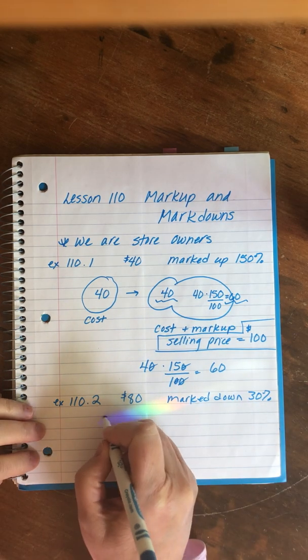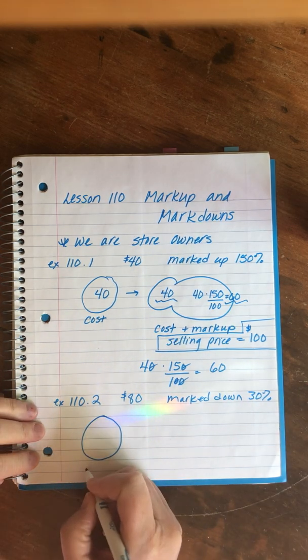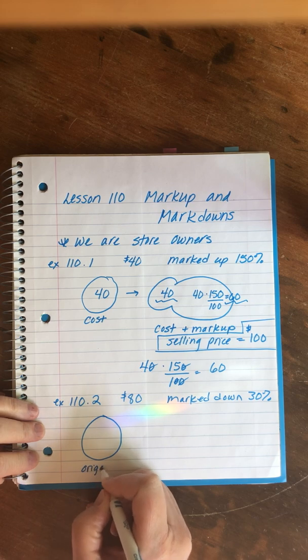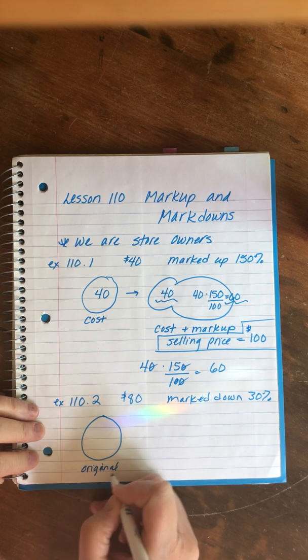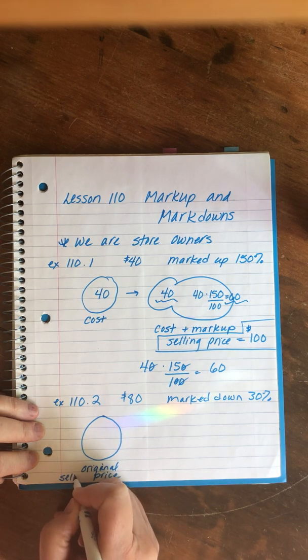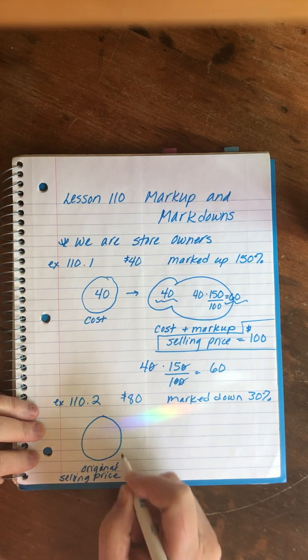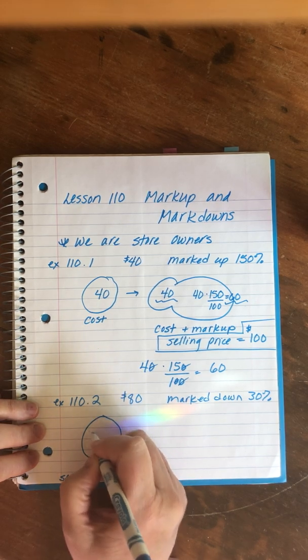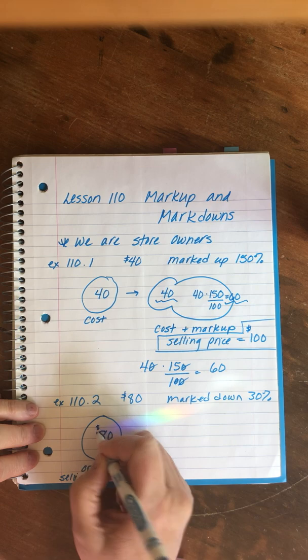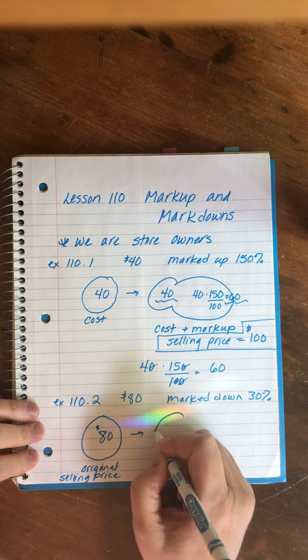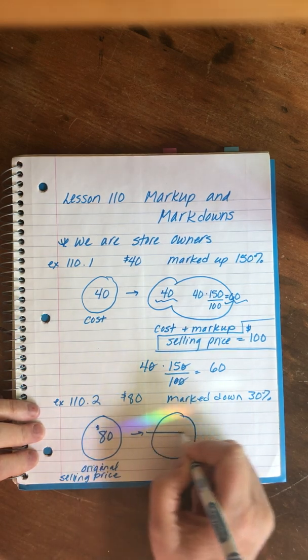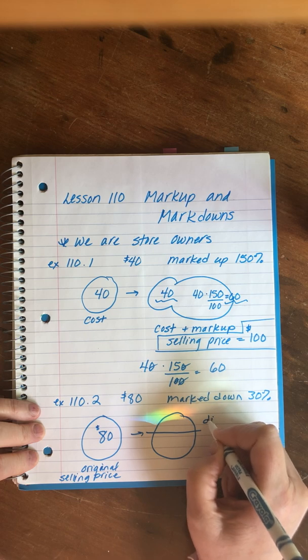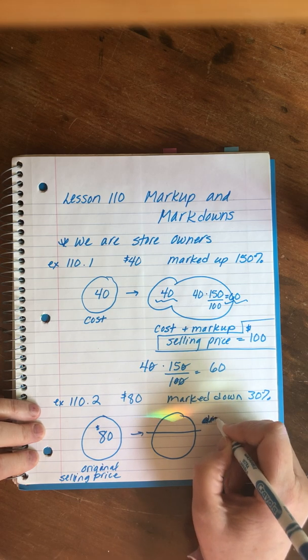Okay, well, here's the way we can visualize it. This is the original price. I'm going to say selling price, so we know exactly what we're talking about. The original selling price was 80 dollars, right? And that cost has been split into the discount, or the amount off, let's say that.